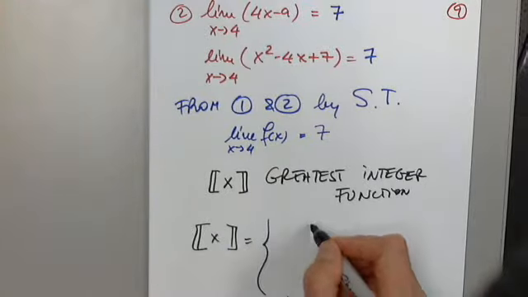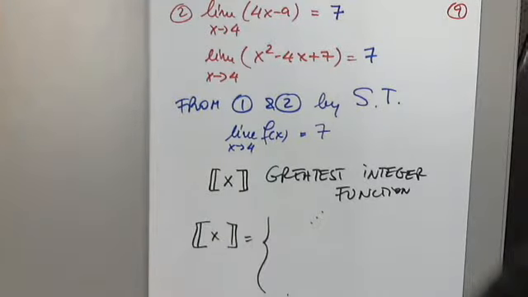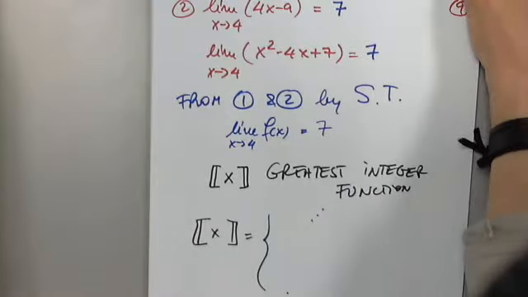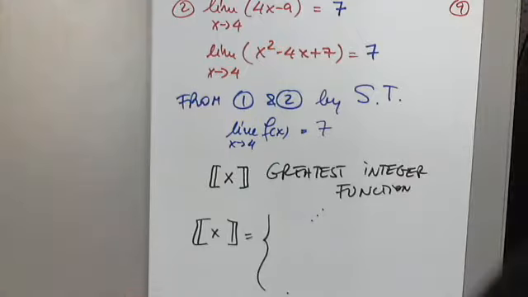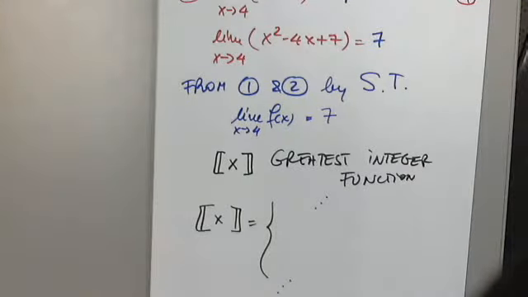Dot, dot, dot, dot, dot, dot. And we are going to write a few. So the function is -2 if x is between -2 and -1, closed at -2.